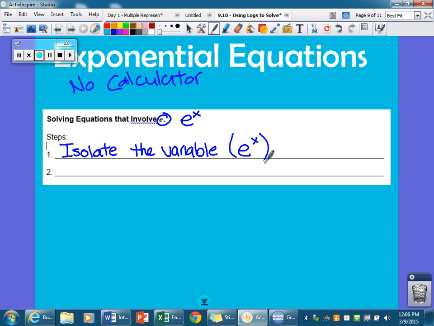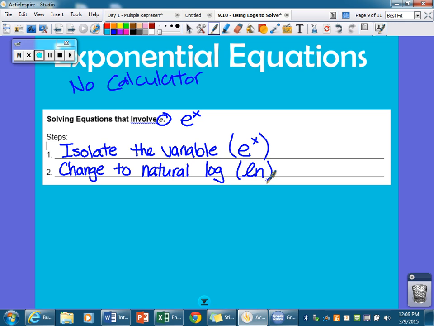Once you have your answer, you change it to natural log, which remember is ln. I'll go through an example. It's actually pretty easy as long as you have your basic equation solving skills.